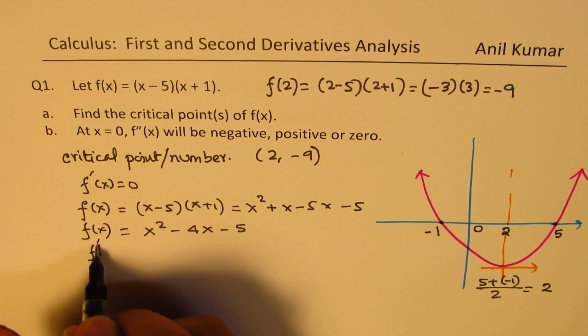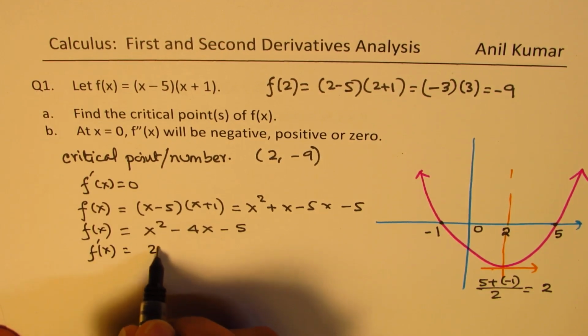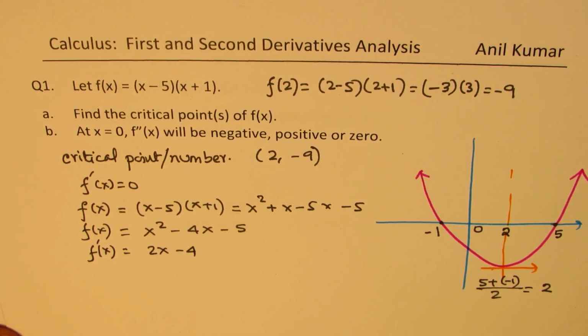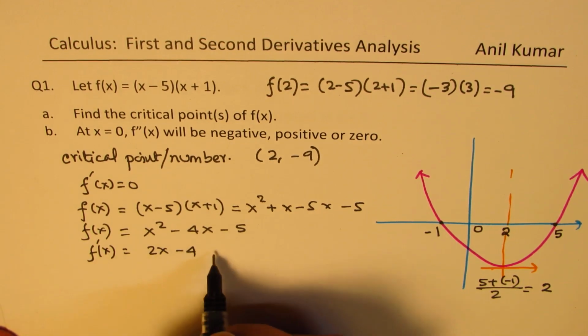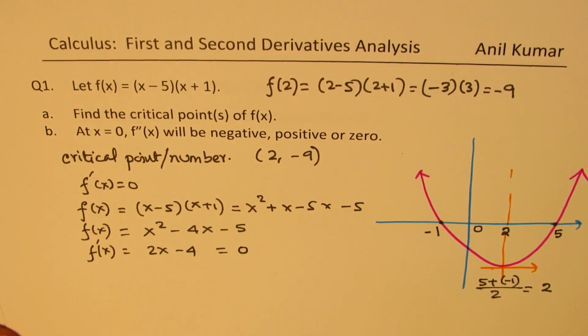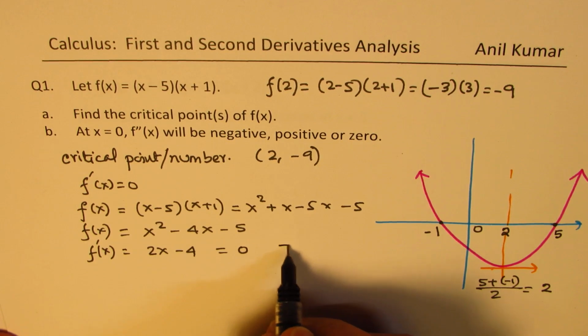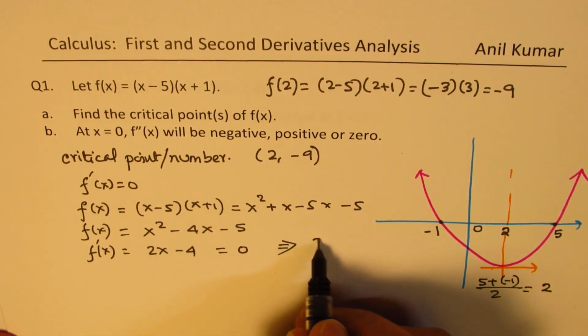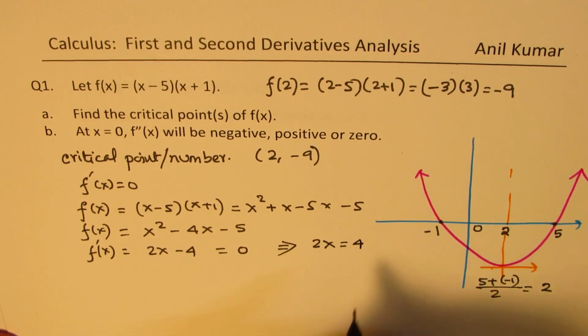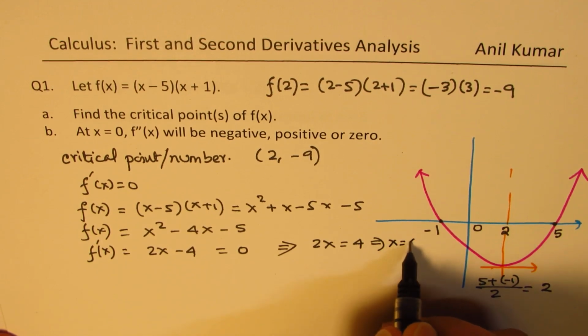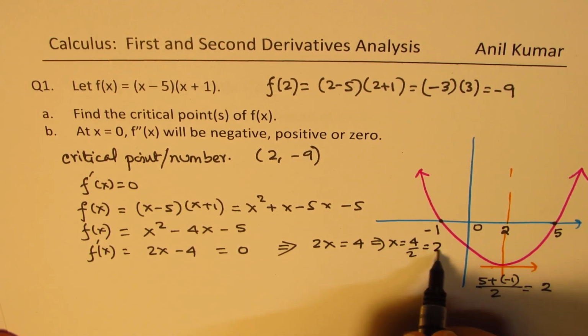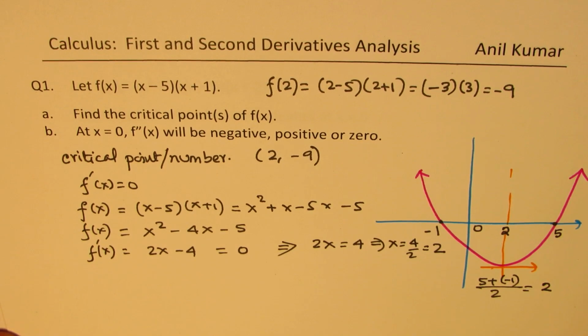The derivative of this function is 2x minus 4. Now, for critical point, that should be equal to 0. It means 2x equals 4 or x equals 4 over 2, which is 2, right? So we get the same answer as we mentioned here.